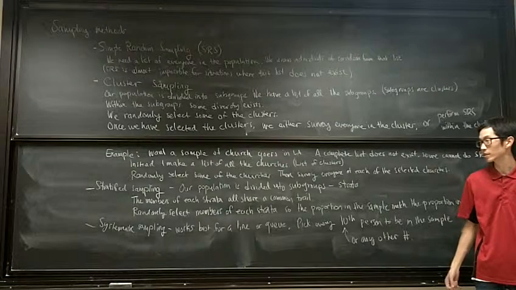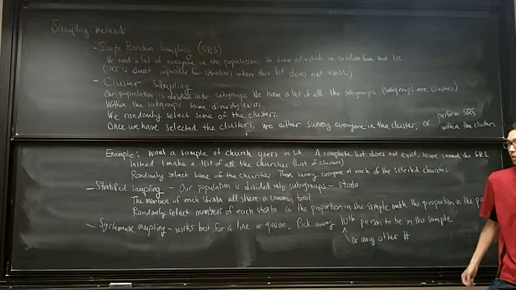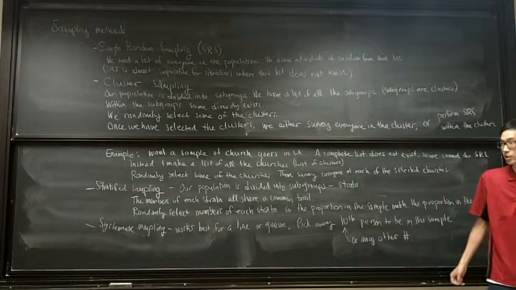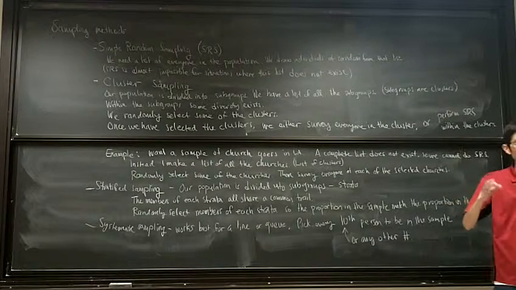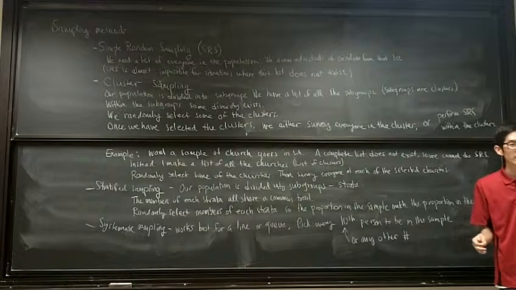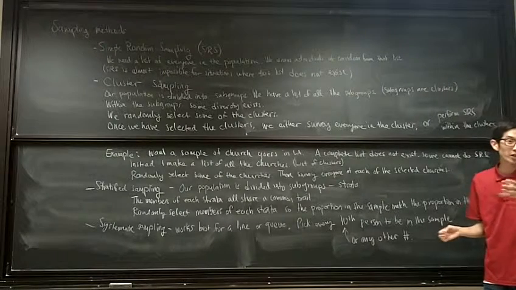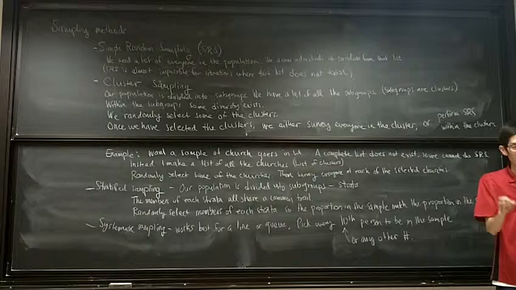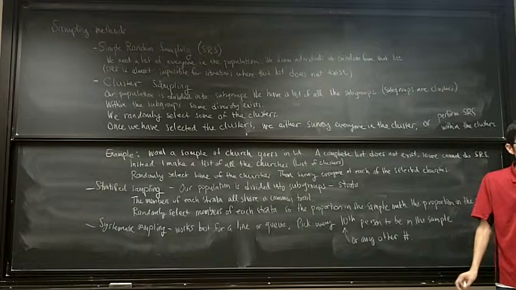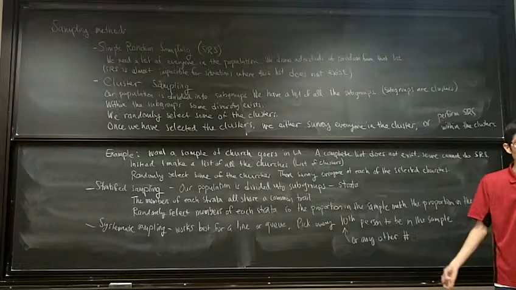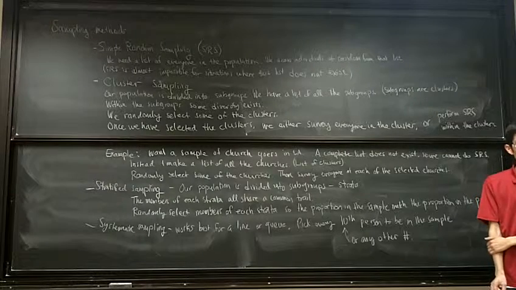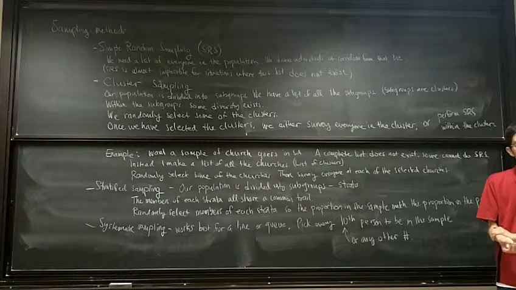Or what else is that? Maybe at a toll bridge. Okay, so when people are passing through, they might stop every 10th car and write down the color of the car or something. In order for something to be systematic, there has to be a number involved.